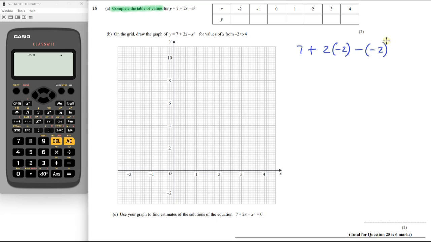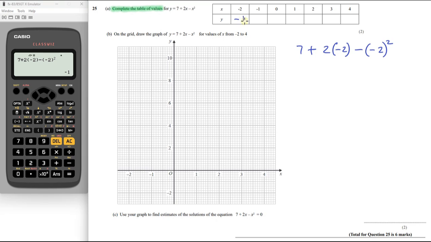So it's -2 squared. Make sure you put this in brackets. If you don't put it in brackets, you're going to get the wrong answer, and I'll show you that with my calculator. So we've got 7 plus 2 times, in brackets, -2, close brackets, and then subtract, open up our brackets again, -2, close brackets, and then squared. And we get -1.